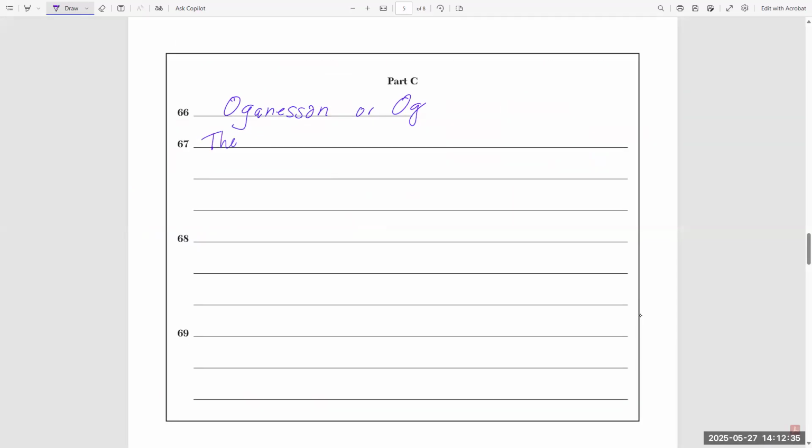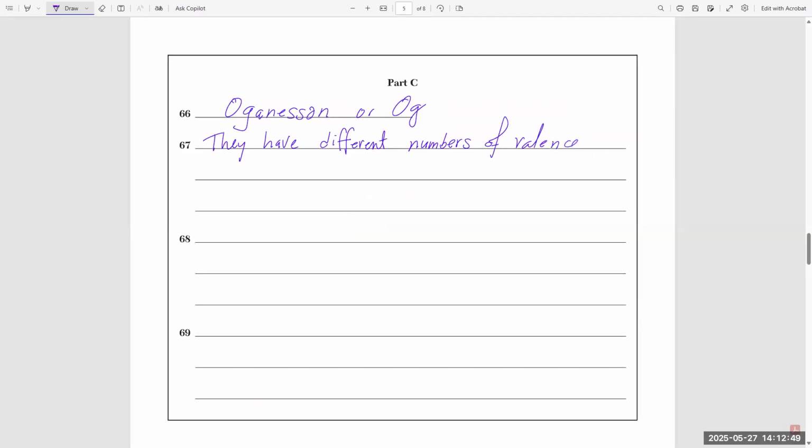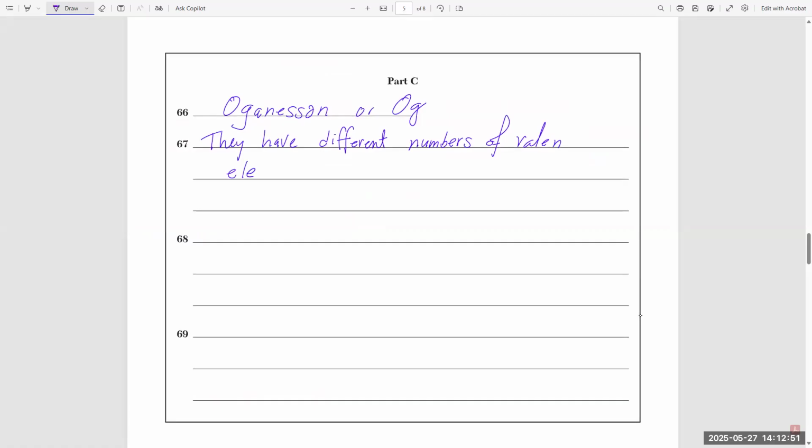They have different numbers of valence electrons. Right now, this is literally just a definition of why different elements from different groups have different chemical properties.